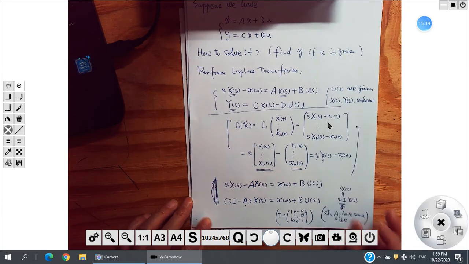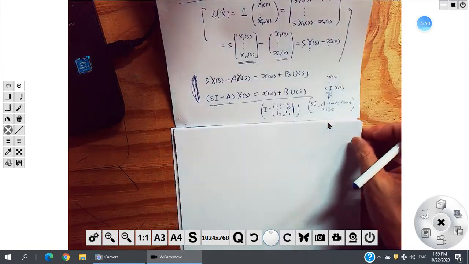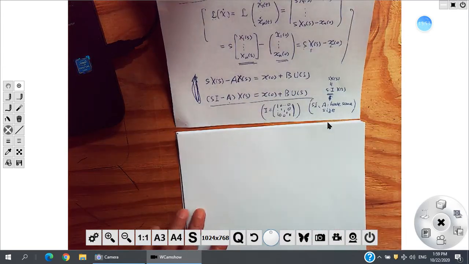All right. From this one, now we can solve for X(s). I just move this part to the right side. But remember, they are matrices, so when you calculate, you cannot change the order.